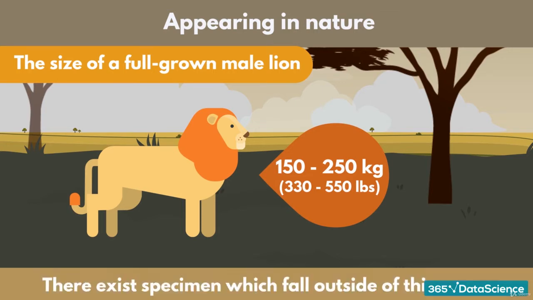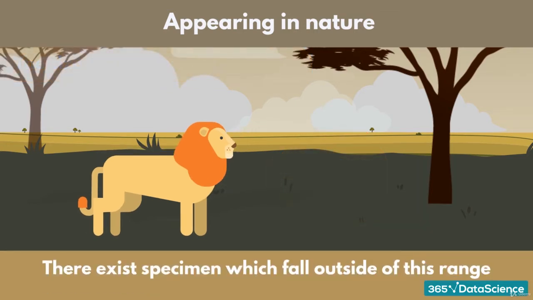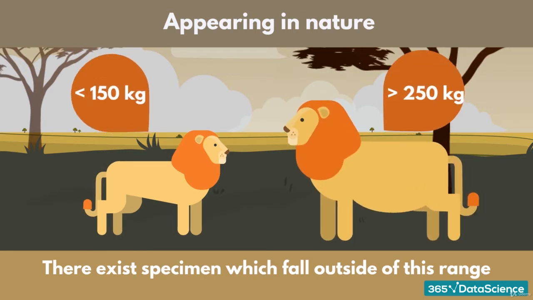Of course, specimens exist which fall outside of this range. However, lions weighing less than 150 or more than 250 kilograms tend to be the exception rather than the rule. Such individuals serve as outliers in our set, and the more data we gather, the lower part of the data they represent.